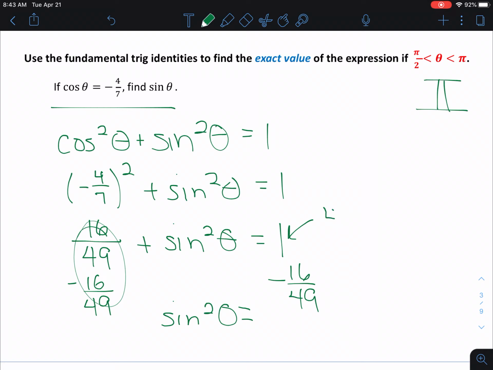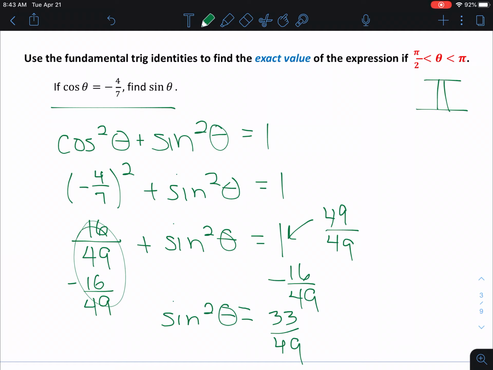Because the other one is 49 in the bottom, you want to think of this as 49/49. So 49/49 minus 16/49 gives you 33/49.